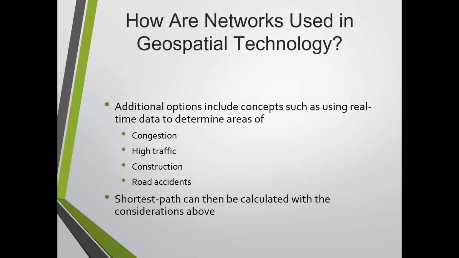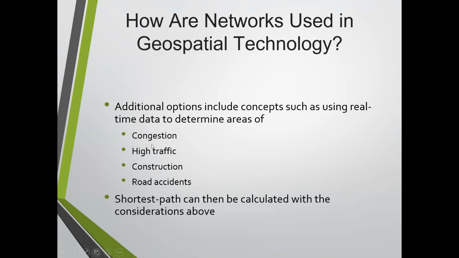So additional options could include using real-time data to determine location, things like congestion in an area, high traffic, construction, or road accidents. So you have to have real-time feeds that can come into this. There's a lot of software out there, and some of you probably have this right now. I forget the name, but there's a couple of them that are used, and they actually have people who report into this, and then that stuff gets brought to you so that it can constantly recalculate things.